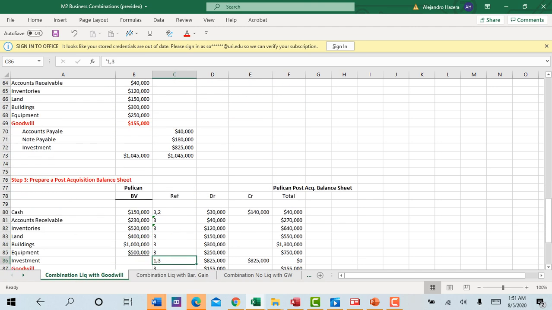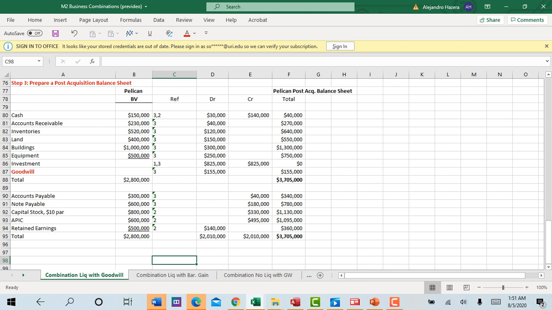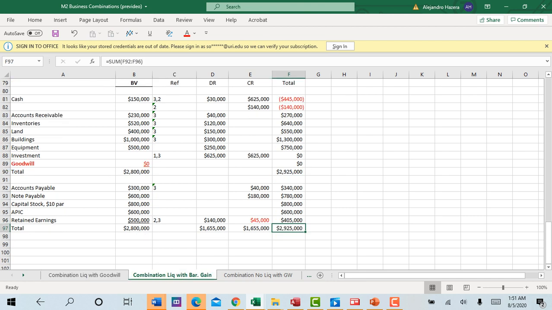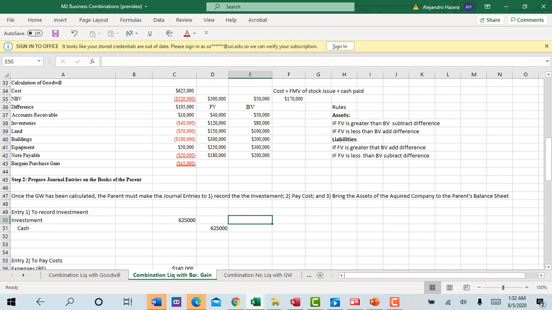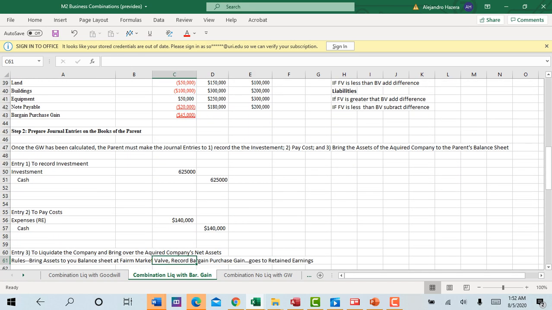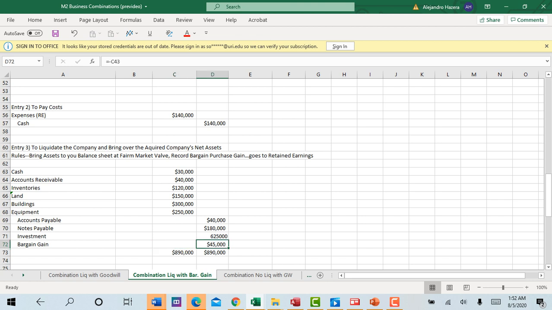Here, let's compare the balance sheets. Here you had Goodwill of 155 in the end. Here you had 0 Goodwill in the end. But you did have a bargain purchase gain, and that originates from this negative number up here, which was entered into that entry right there.